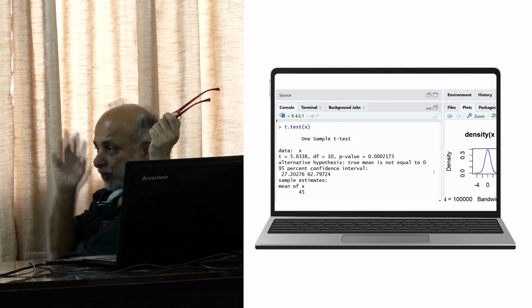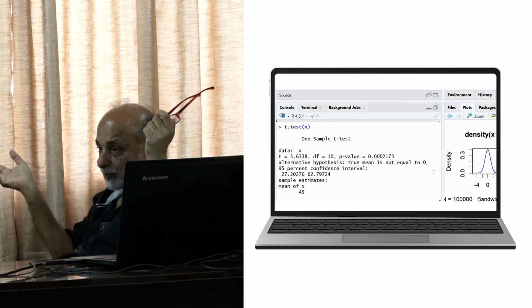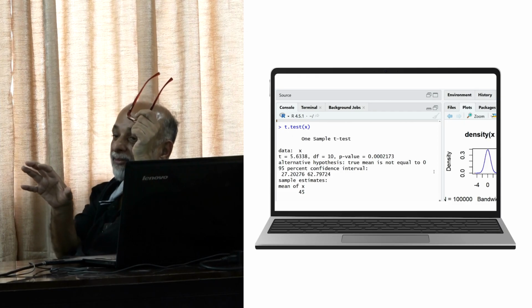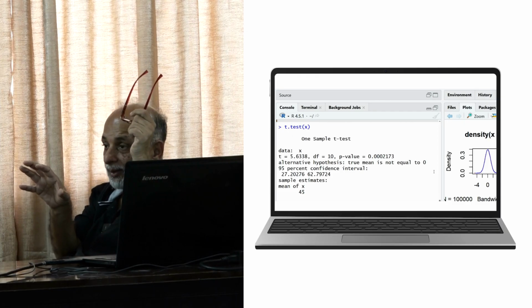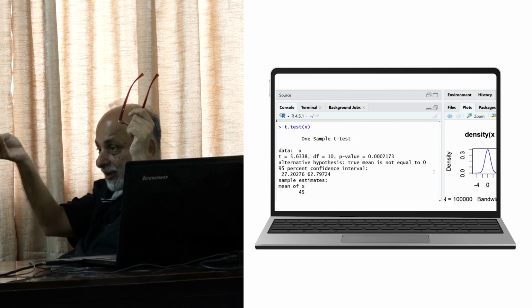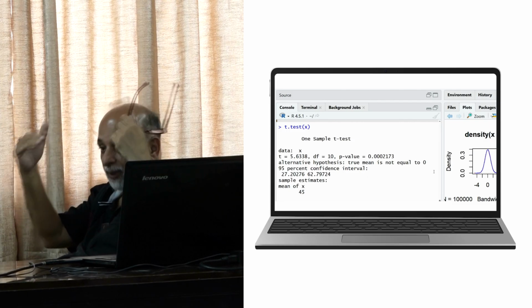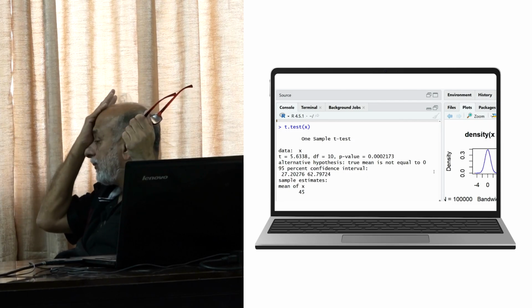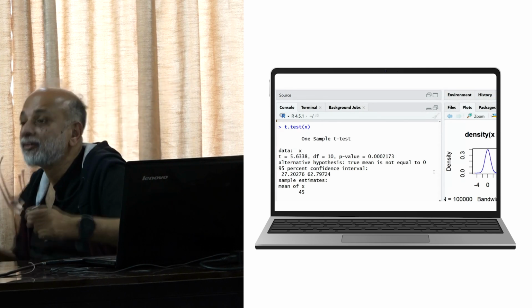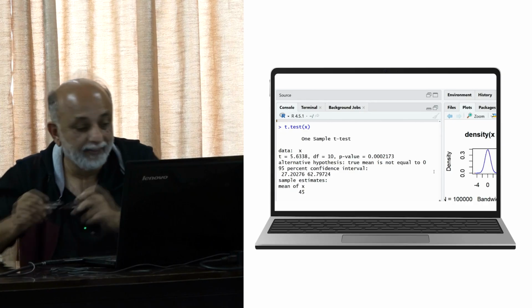So that value will be used instead of plus 1.96, minus 1.96. And instead of sigma x, sample standard deviation will be used. Instead of the population standard deviation that we are using in the confidence intervals to calculate the z values, now we'll be using the sample standard deviation, right? And you will get the confidence intervals for t, right?